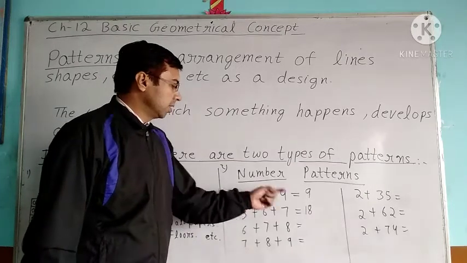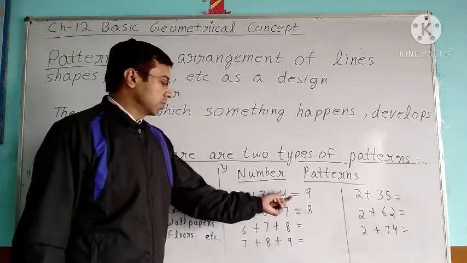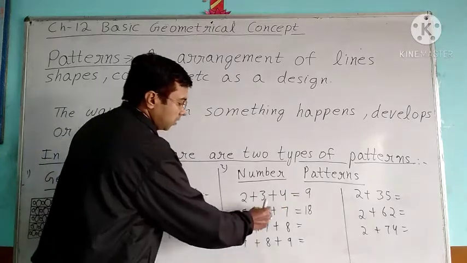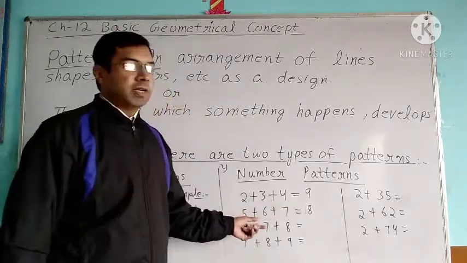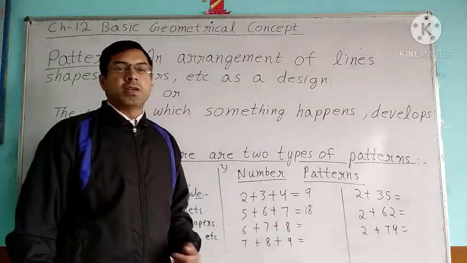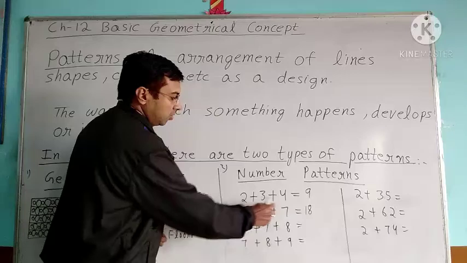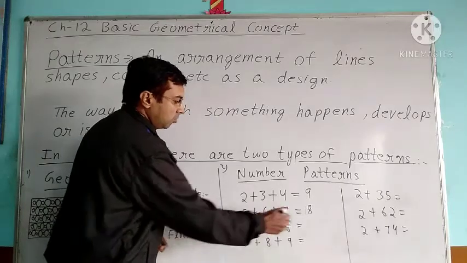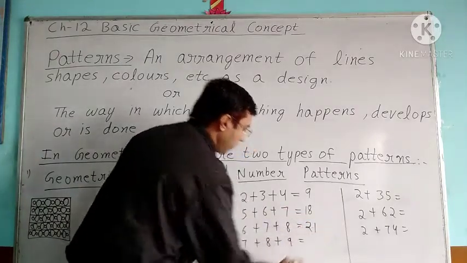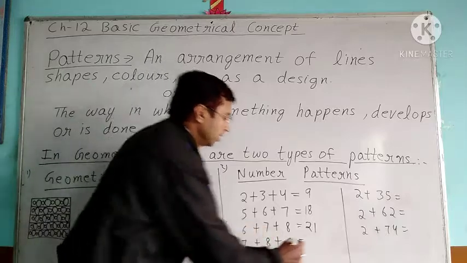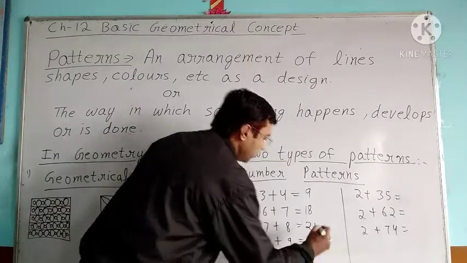Then 3 plus 3 plus 3: 3 plus 3 is 6, 6 plus 3 is 9. So the number written in the middle, we multiply by 3 and we get our sum. See, 3 times 3 is 9, 6 into 3 is 18, 7 into 3 is 21, 8 into 3 is 24. Clear?